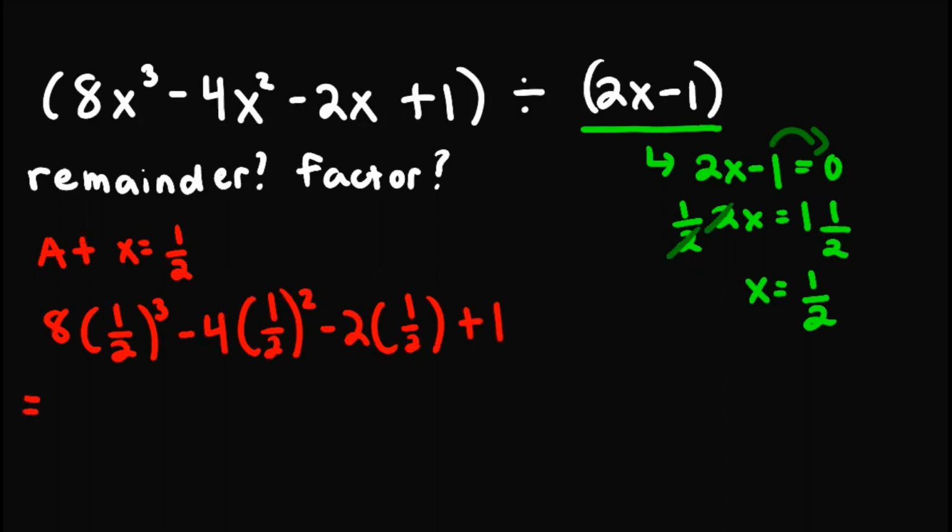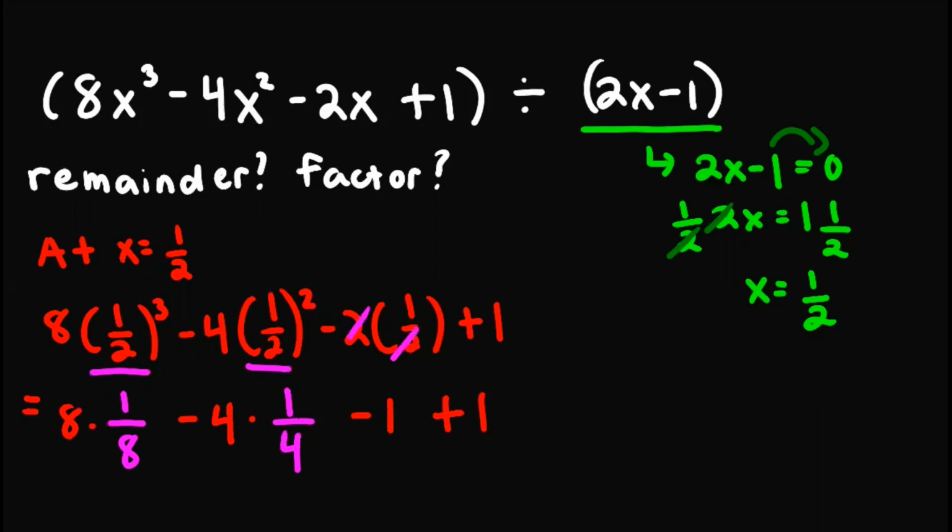Note that 1/2 cubed will result into 1 over 8, minus 4 times 1/2 squared will result into 1 over 4, minus 2 times 1/2 will simply cancel out, so we'll obtain negative 1 and plus 1.